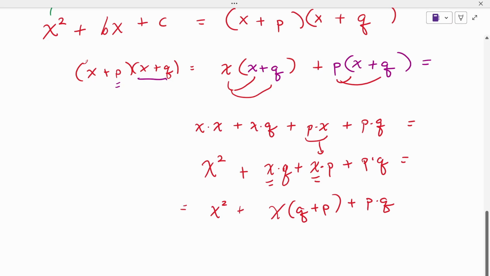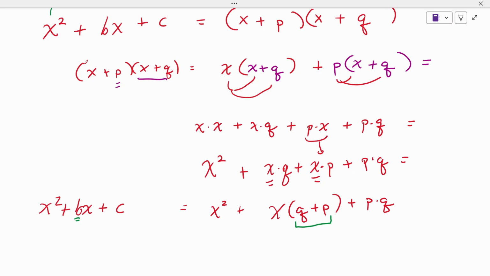So what we've just found is that when you have a generic polynomial expression, x squared plus bx plus c, this b term, this middle term, is created from adding two special numbers, q and p together.